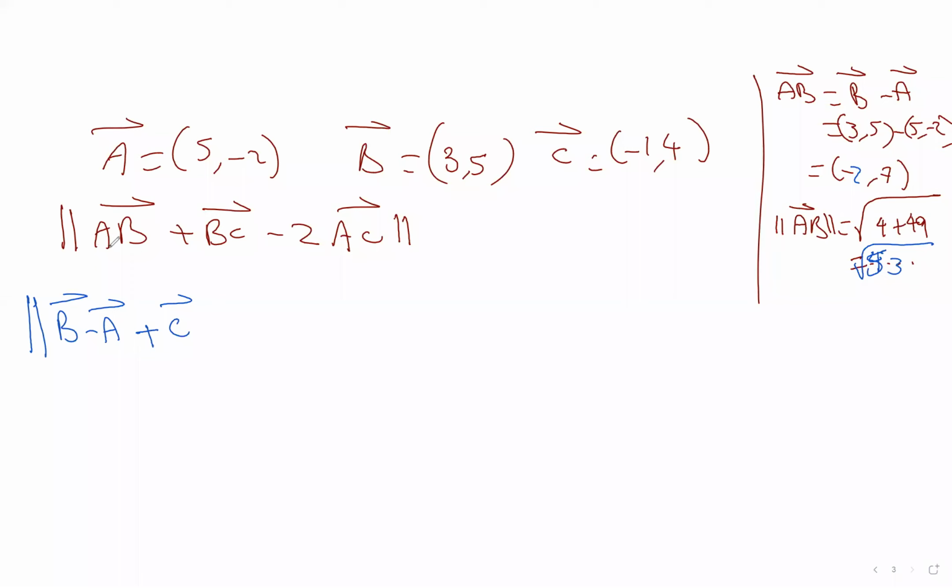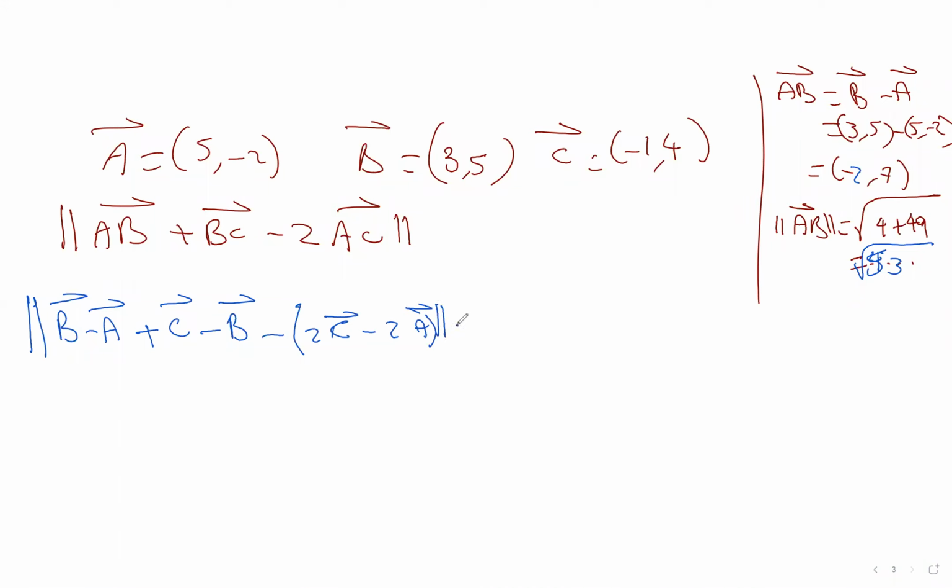Thank you very much. AB is B minus A and BC is C minus B, minus 2AC means 2C minus 2A.